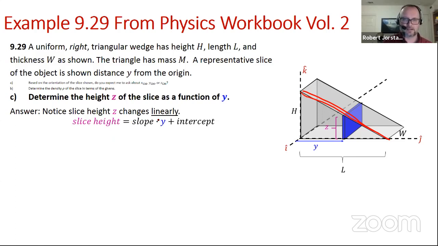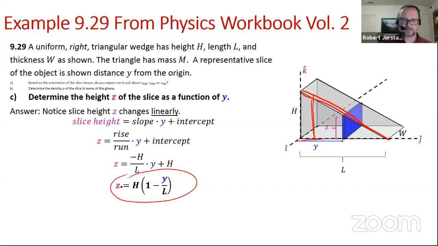Slice height is slope times y plus intercept. So again, that's saying that the slice height is varying as y varies. You can take your guess. Rise over run, there we go. And it turns out you could factor out that h and make it look a little bit cleaner. We'd have to factor it out eventually no matter what.